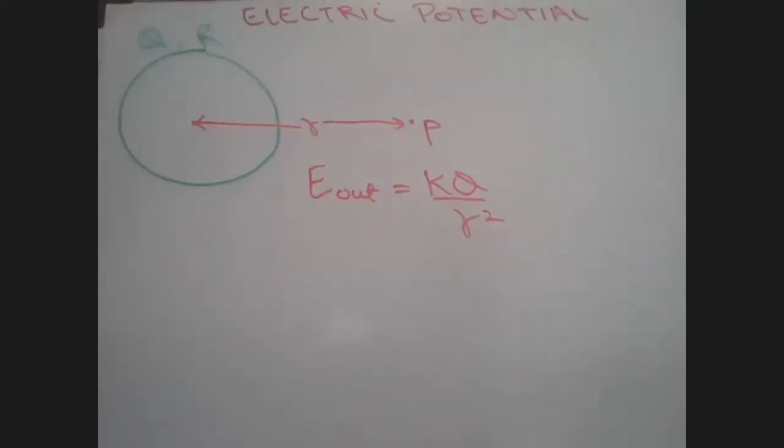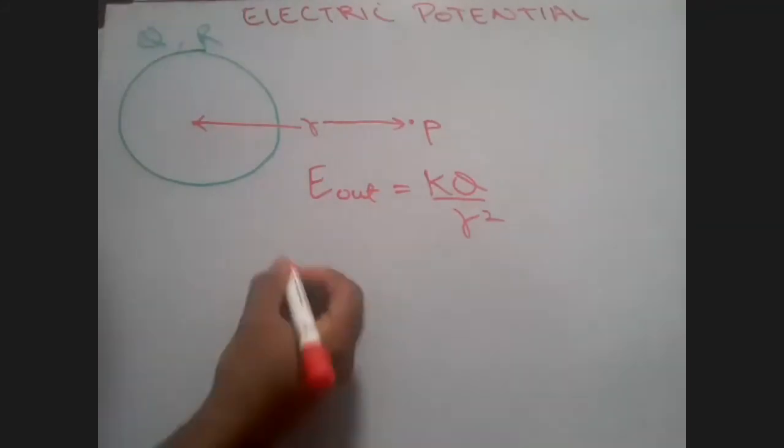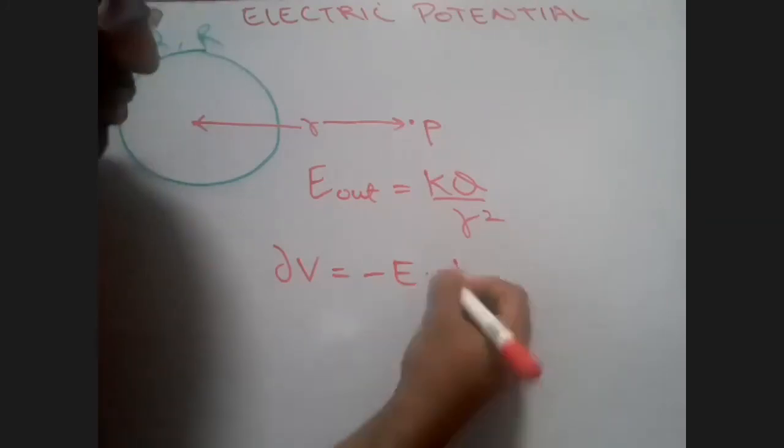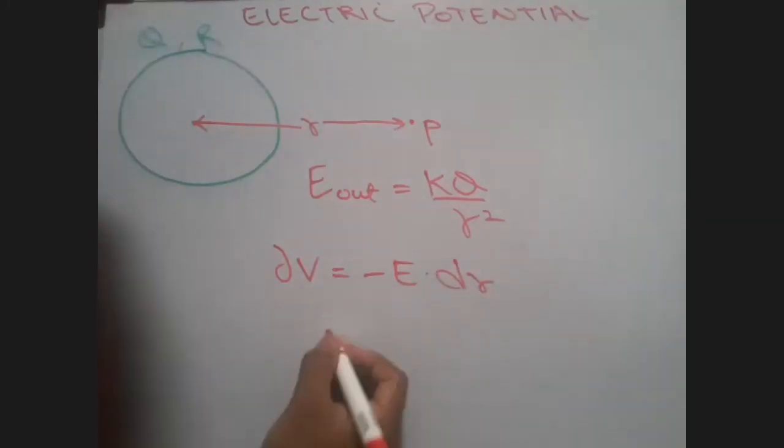So if I want to find out the potential, I can just say that dV is equal to minus E dot dr. I can substitute that value over here.